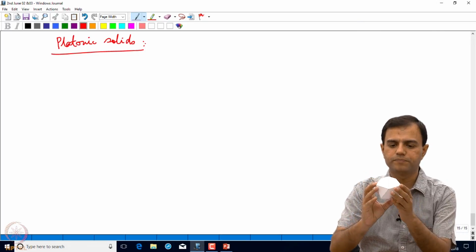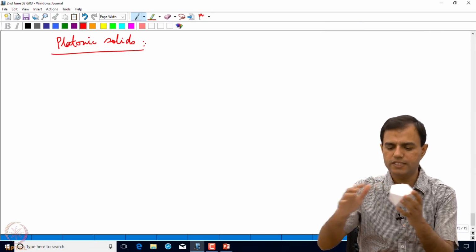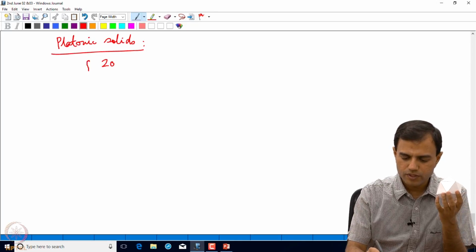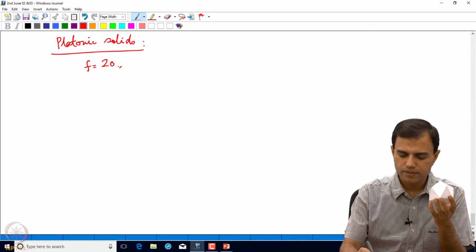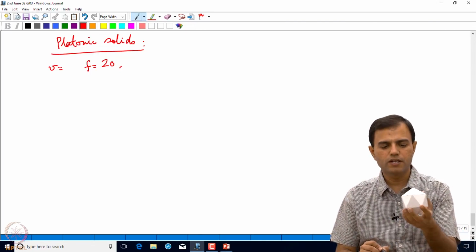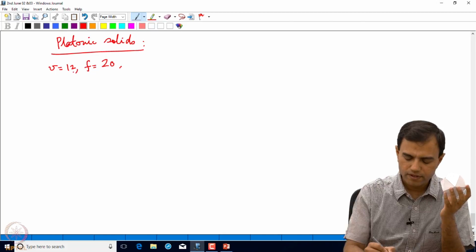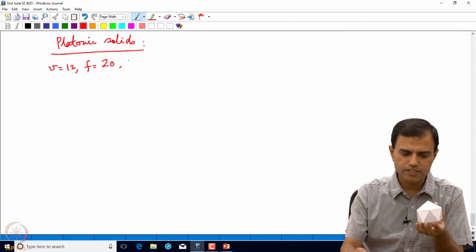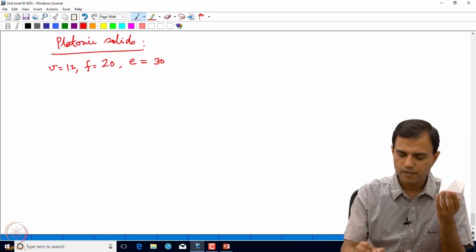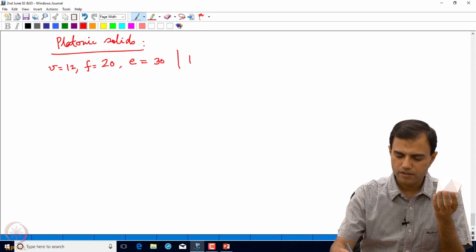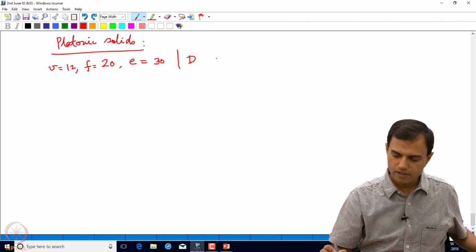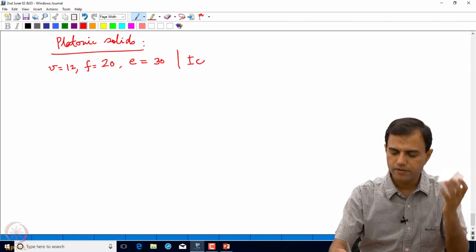This has 20 faces, so F is 20. The number of vertices is 12 and the number of edges is 30. And this is called, sorry, not Dodecahedron, Icosahedron.